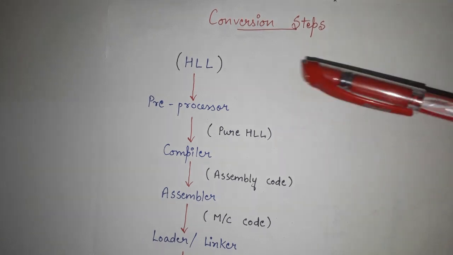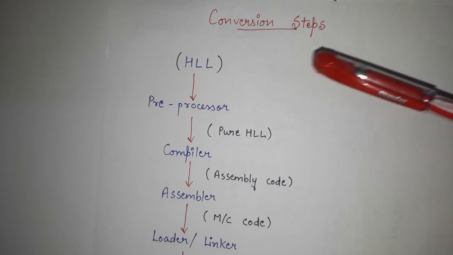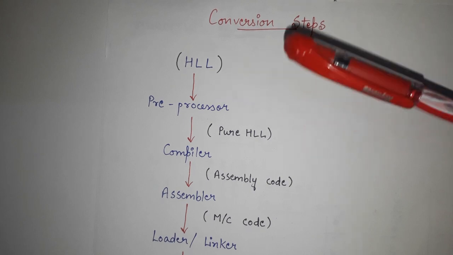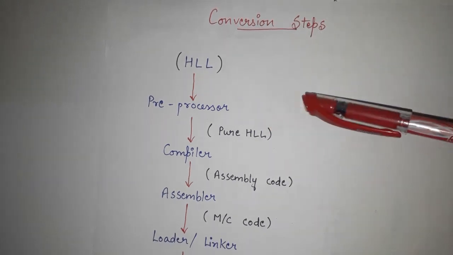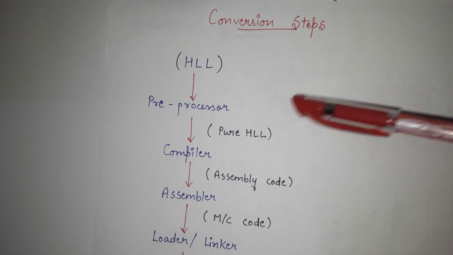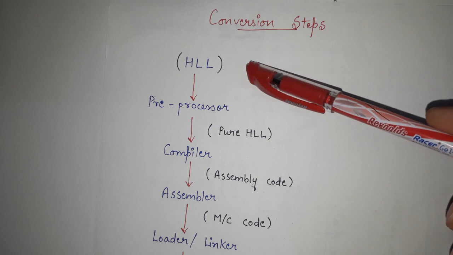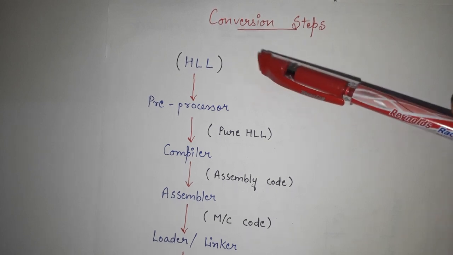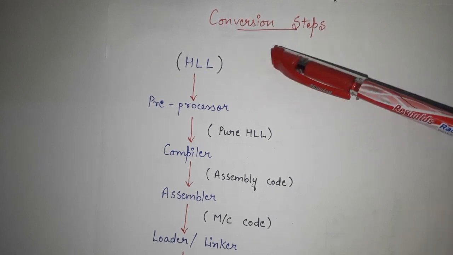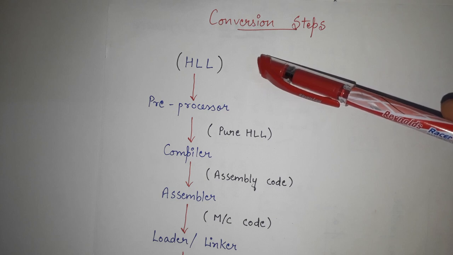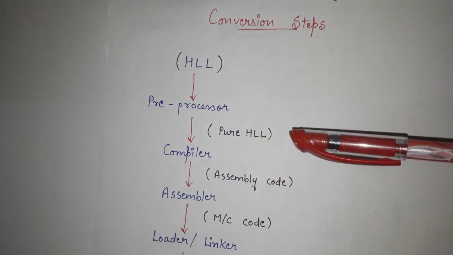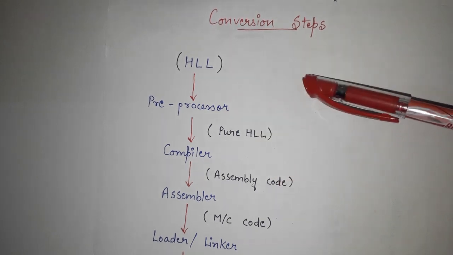Low level language means, for example, assembly code or something like that. As we know, computers understand binary language, 0101 like that. So high level language is something that we humans can read and understand, but it is not directly understandable by the machines. Machines understand something known as low level language.